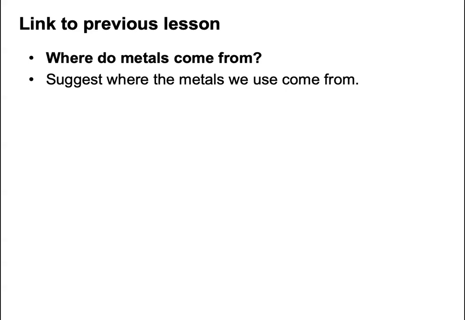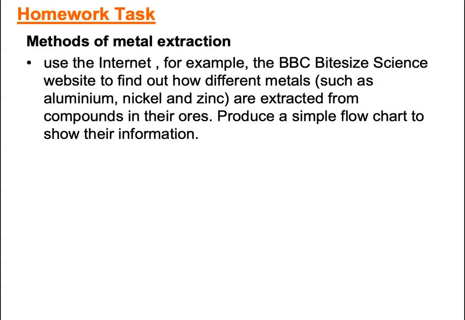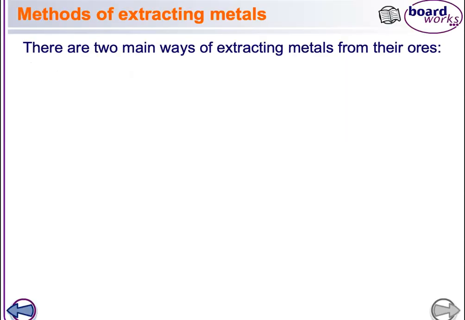Suggest where the metals we use come from, and you should be able to give examples of metals that are extracted using carbon. Here's a nice little homework task which you can do in your own time using the internet or BBC Bitesize. You can look at different metals: aluminium, nickel, zinc, iron, and how they are extracted from their ores.